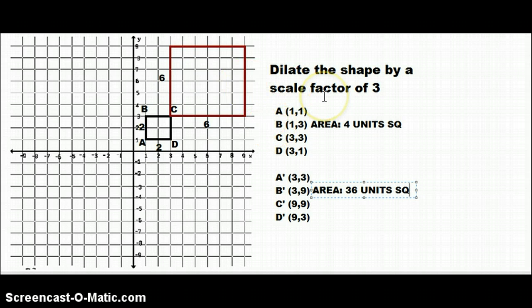So as you can see, even though we only dilated the shape by 3, you would think you would just multiply the area by 3. But actually you have to multiply it by 9 because you increased the width times 3 and the height times 3. So 3 times 3 would be 9.